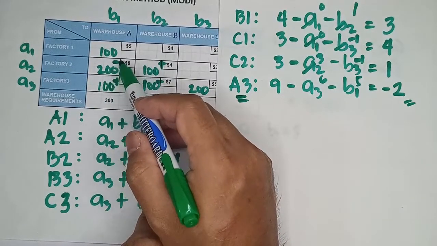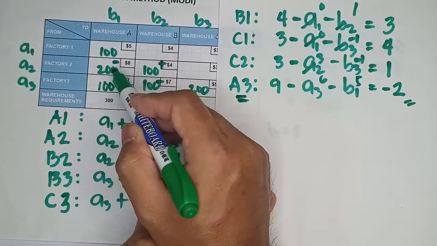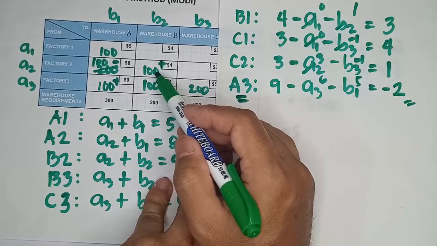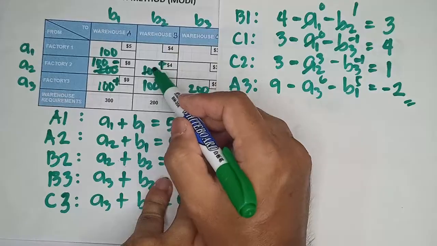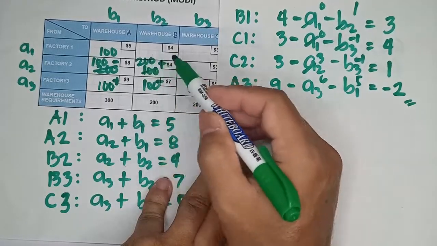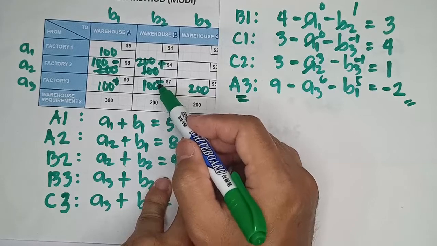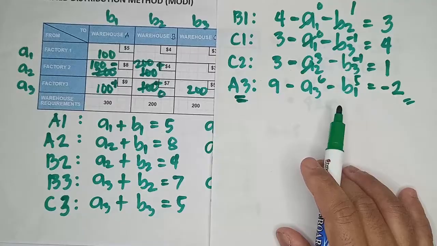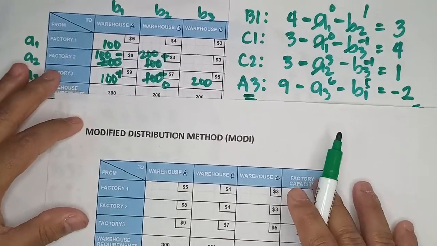On A2, it's negative, so it will give away 100 units. So 200 minus 100 equal to, this is a taker, so it will take 100 units additional, so it will become 200 units. This is a giver, so it will give away 100, this will become 0. The new transportation tableau will look like this.